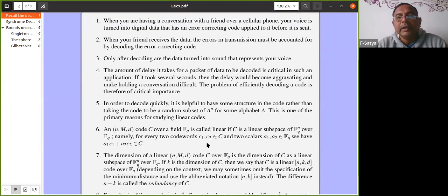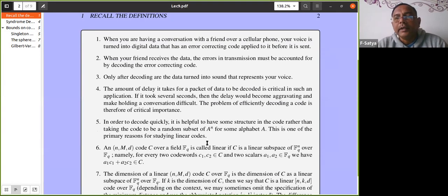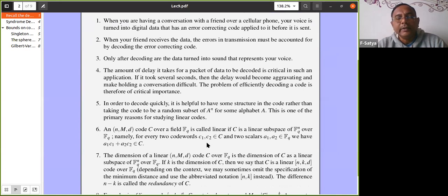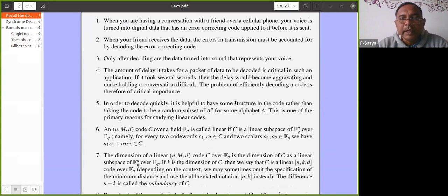Only after decoding is the data turned into sound that represents your voice. So the amount of delay it takes for a packet of data to be decoded is critical in such an application. If it took several seconds, the delay would become aggravating and make holding the conversation difficult. The efficiency of decoding is therefore of critical importance.